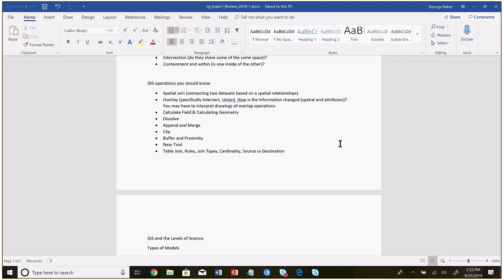No, the near tool was back before. It doesn't have to do with networks. The near tool is a proximity tool. It's for finding out how close things are to each other. It'll actually be a building block for some of the analysis that we do in the second half of the course.